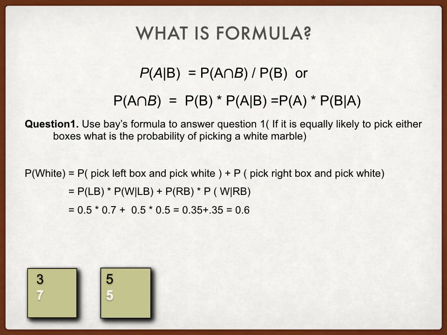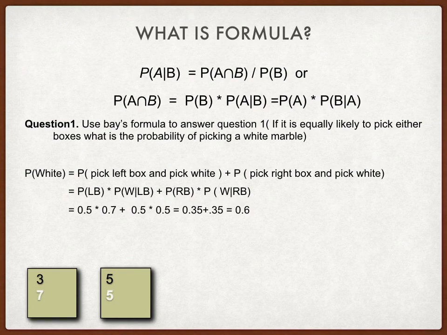Probability of A and B happening is probability of B multiplied by probability of A given B. Also, symmetrically, we can write it based on the probability of A. Probability of A and B happening is probability of A multiplied by probability of B given A. So these two are equal.